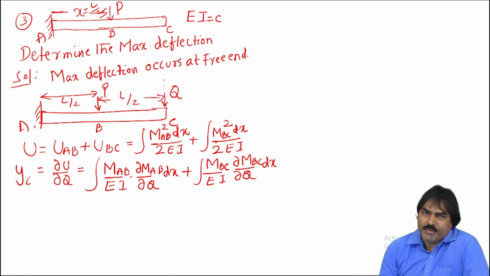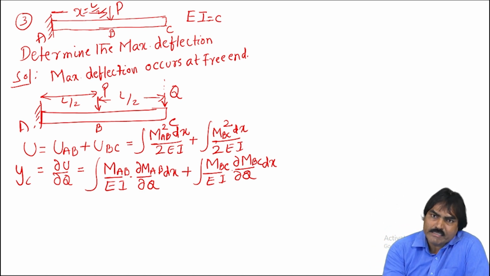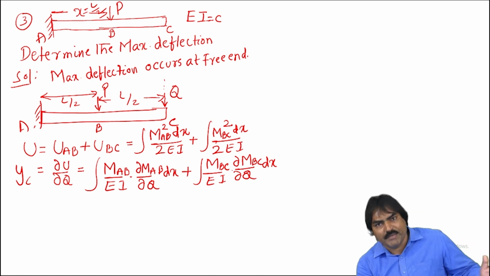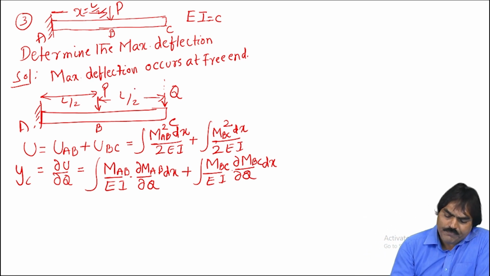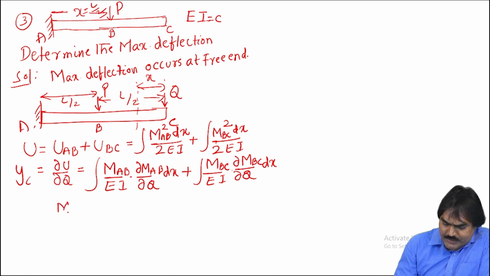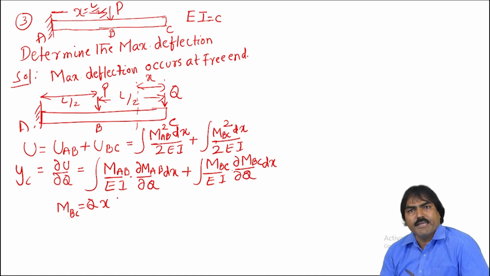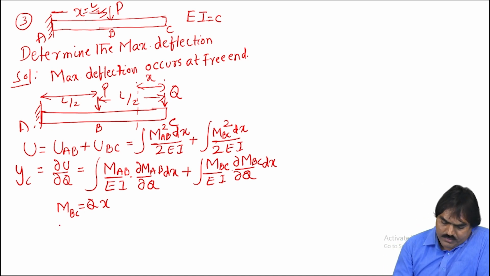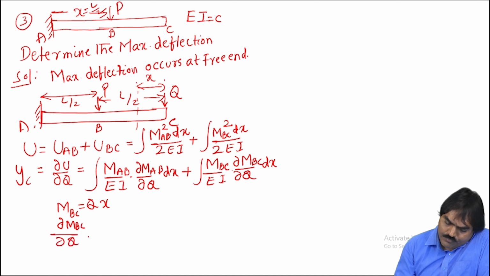So we can start the moment equation from the right hand side, from the free end, and we can move to the fixed end. Suppose if I take a section here at distance equal to x, what is the moment between B and C? We know that MBC is Q into X. Okay, Q into X. Then what is dou MBC by dou Q?